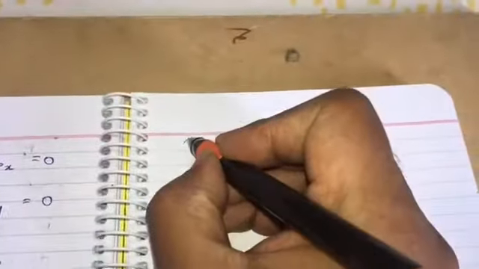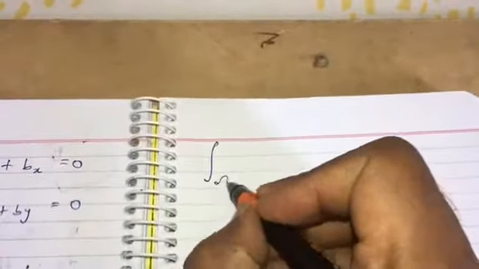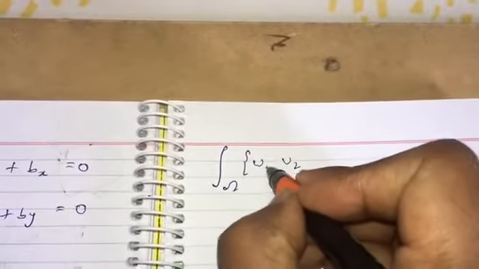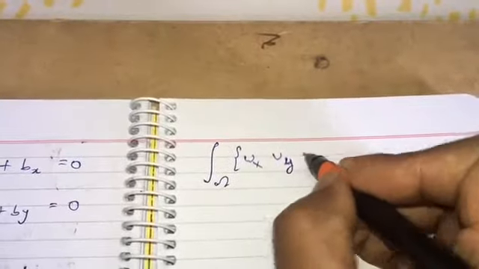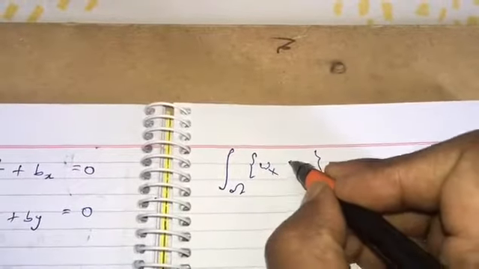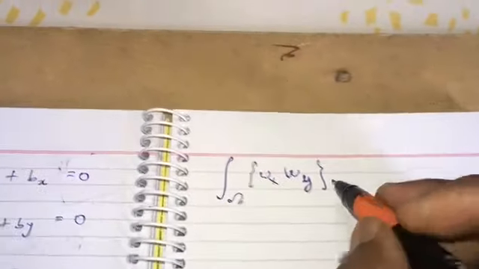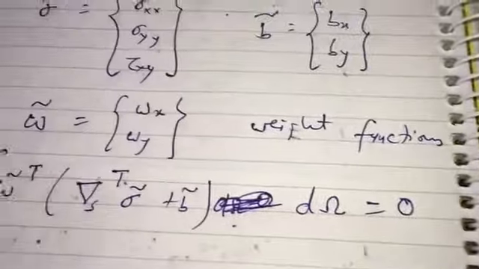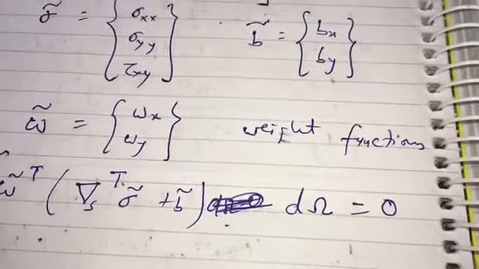Okay, so next we have to expand it. So if you expand, what do we have? We have wx and wy, and then this equation.